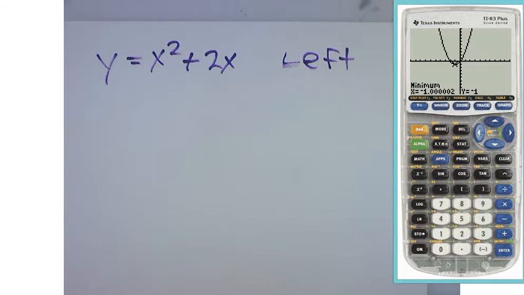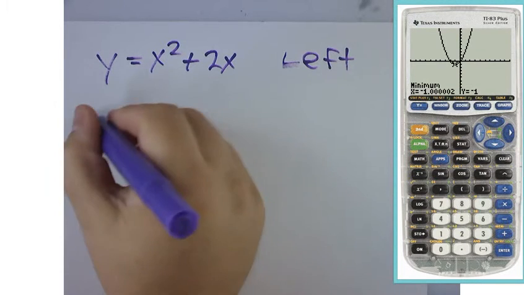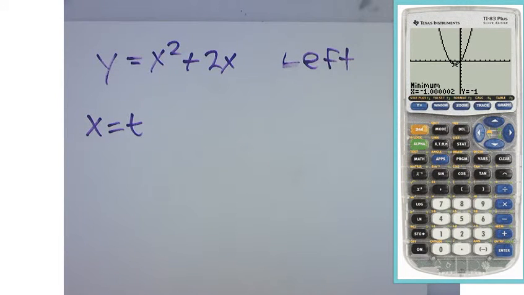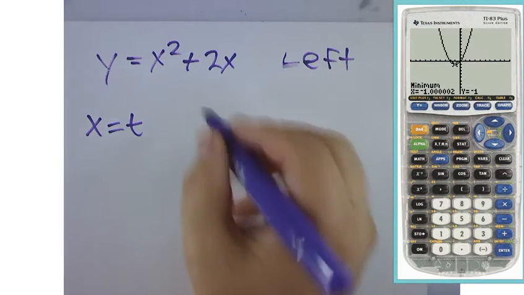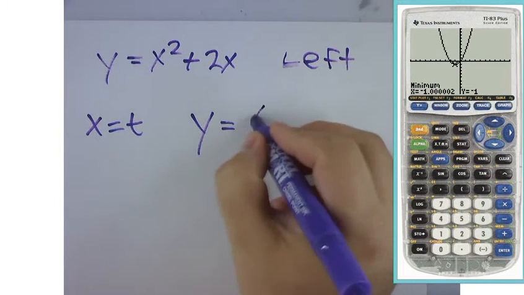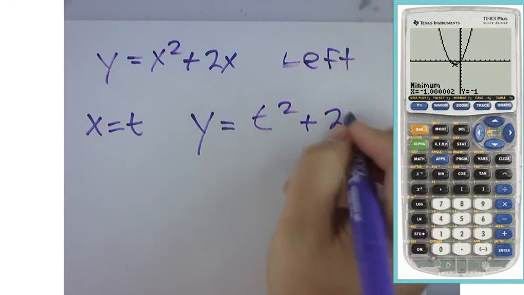All right. So if I set x equal to t, what does y equal? t squared plus 2t. Whoops.